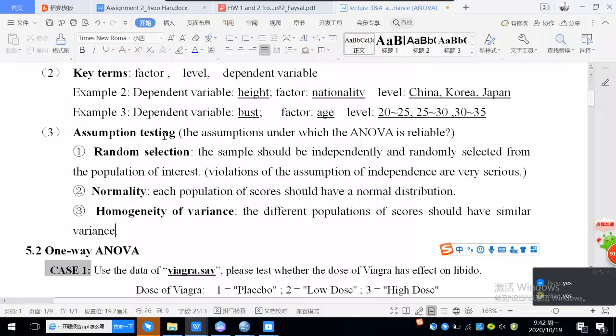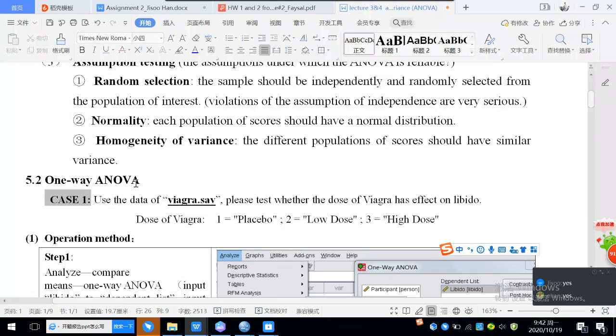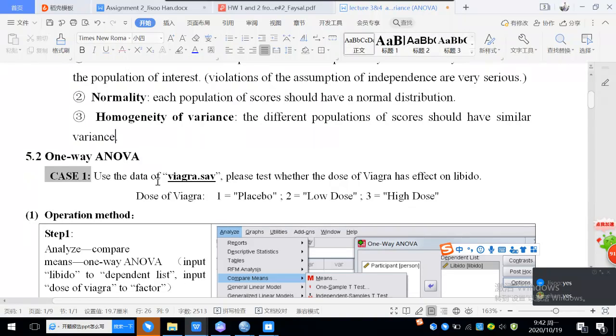Here is the assumption testing. Now let's look at one-way ANOVA. For this week, we will use the Viagra data. Firstly, please test whether the dose of Viagra has an effect on libido.